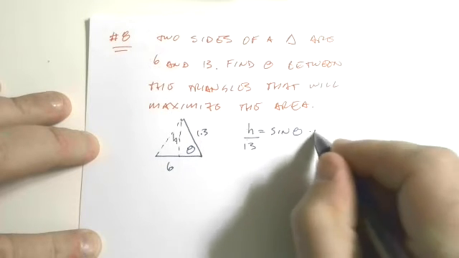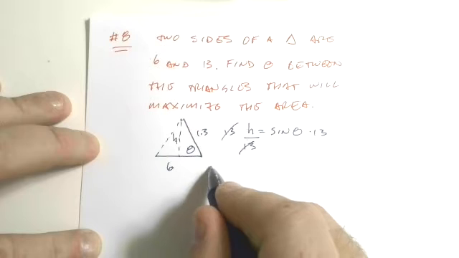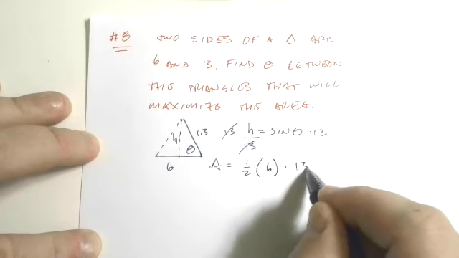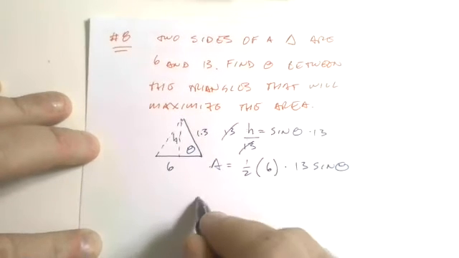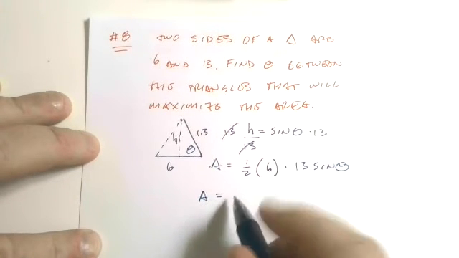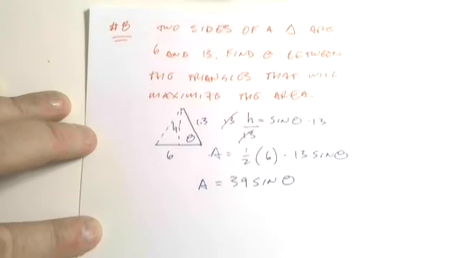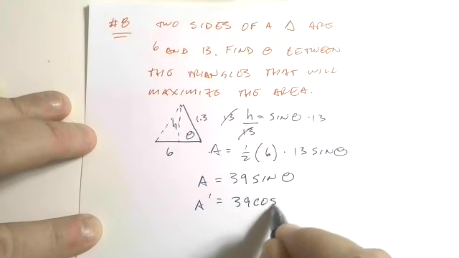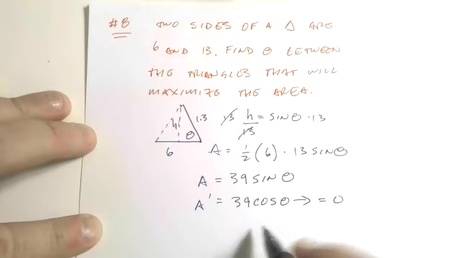Multiply by 13, and now I got the height. Area is 1/2 the base, 6, times 13 sine of theta. Area is 39 sine of theta. Area prime is 39 cosine of theta. Set it equal to 0, and you get theta has to equal pi over 2.